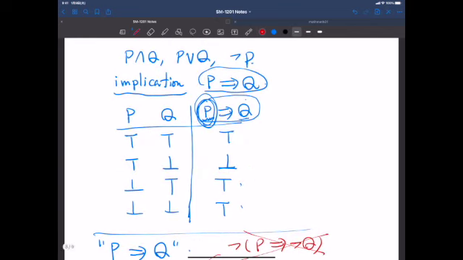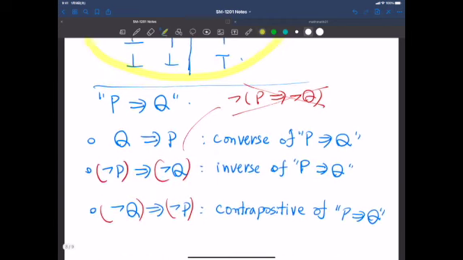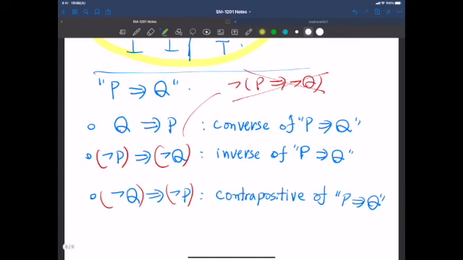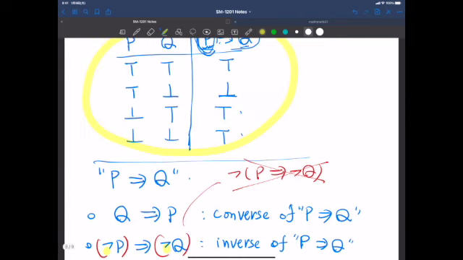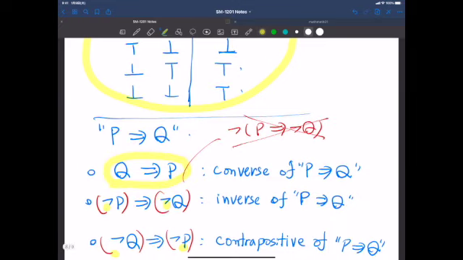So we have the definition of implication like this, and we know all the definitions of negations. So you should be able to derive the truth values of this.